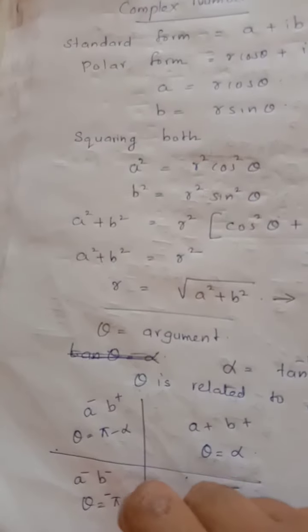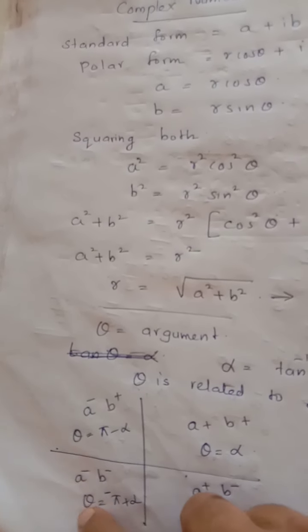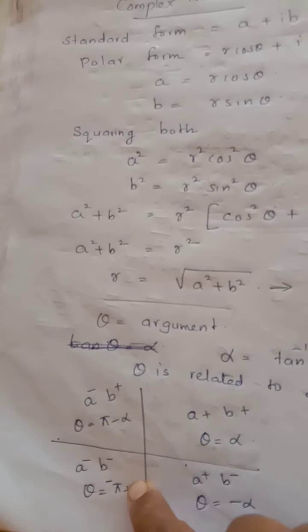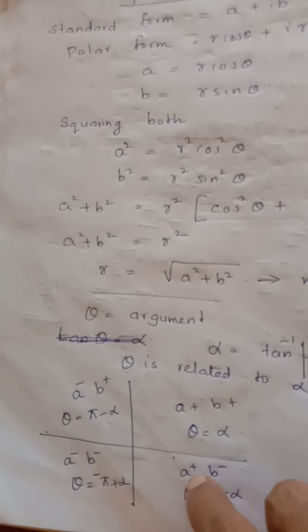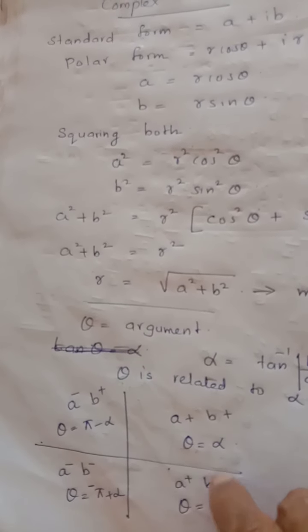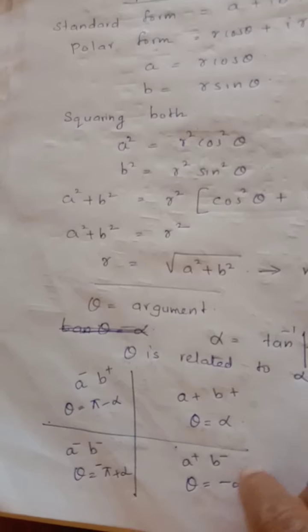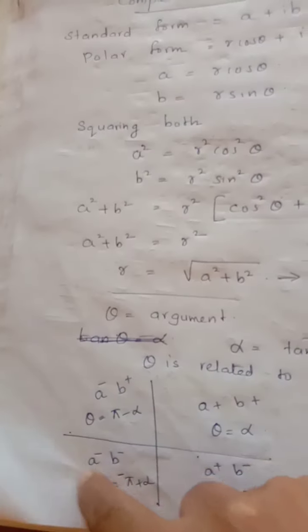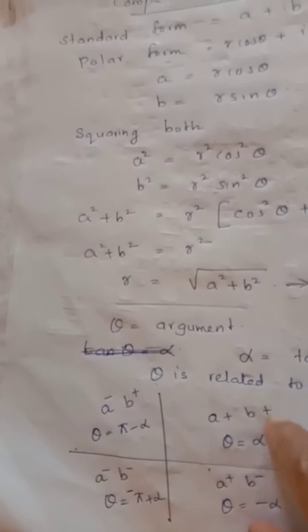If a is negative, b is positive, theta is equal to pi minus alpha. If a is negative, b is negative, theta is equal to minus pi plus alpha. And if a is positive, b is negative, theta is equal to minus alpha. This is a simple trick.